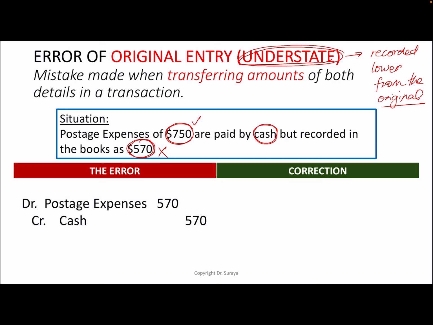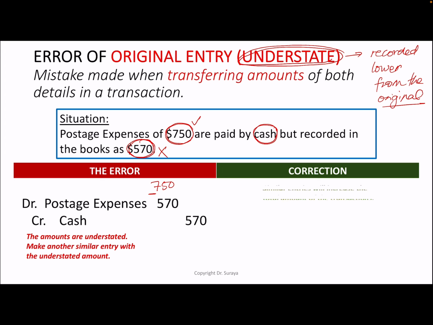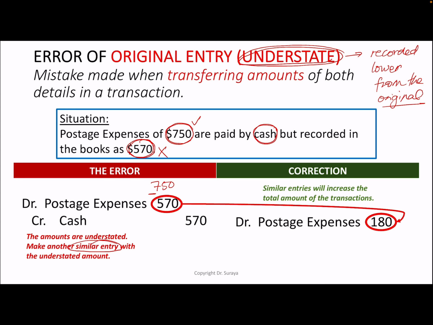Same thing here. You need to find the difference. So 750 minus 570, right? You need to make the same entry to record a plus. So 750 minus 570, it's 180. You need to plus 180 to 570. When you plus them, the debit must be debit.